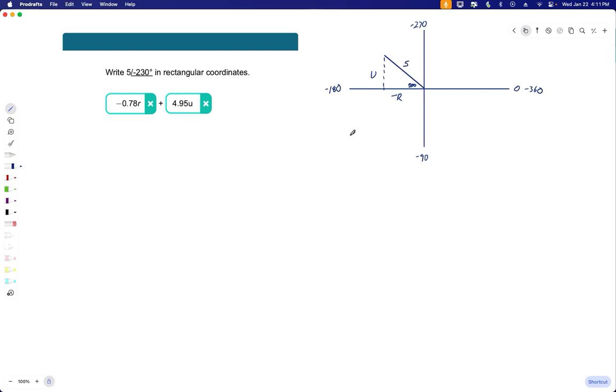So we're going to just do this the way that we would typically do this, and we are going to say the cosine of 50 degrees times the hypotenuse of 5 is equal to negative r. And 5 times the sine of 50 degrees is equal to positive u.